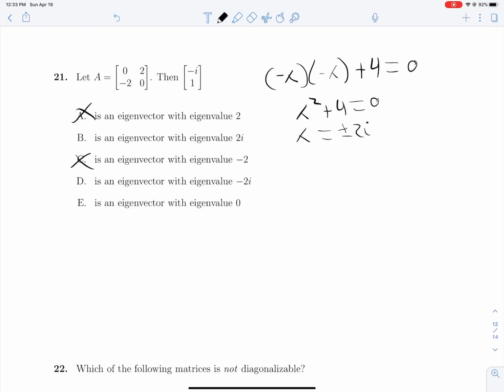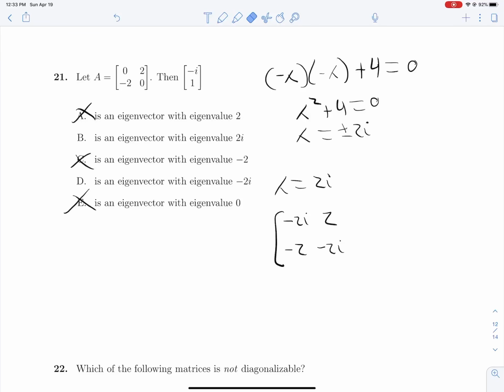That means we can get rid of all of our nonsensical eigenvalues right there. Let's just check plus 2i. So for lambda is equal to 2i, A minus lambda I will be negative 2i, negative 2, negative 2i.